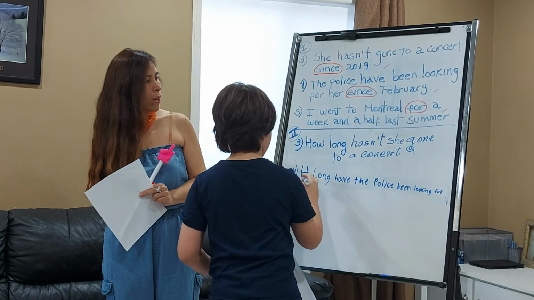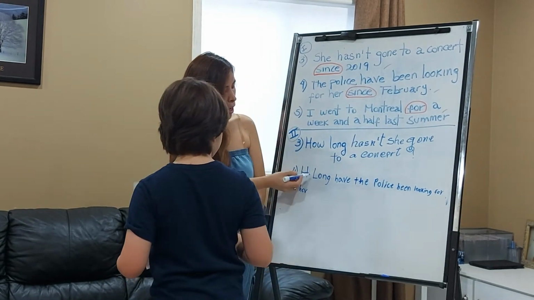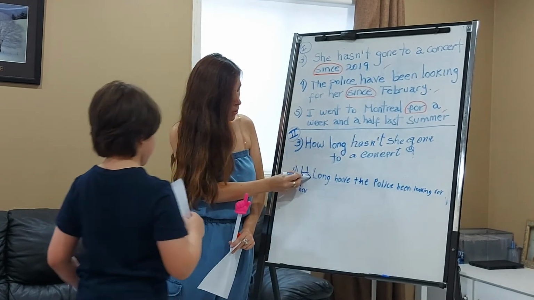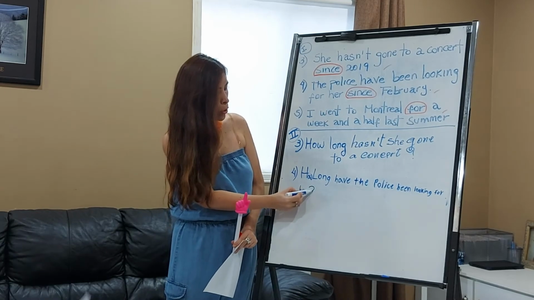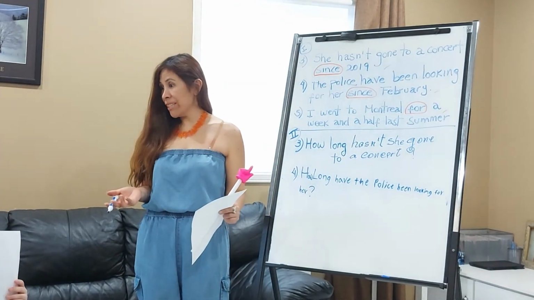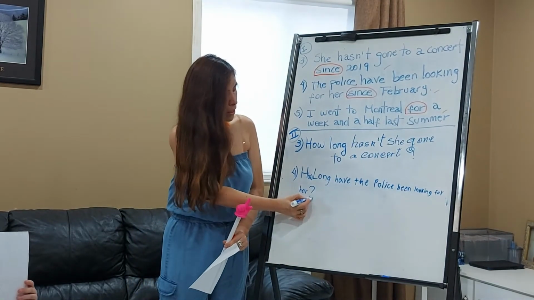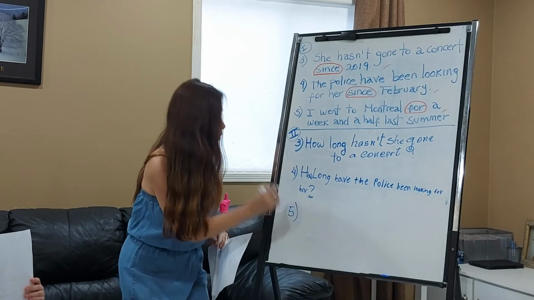Okay, so how long have the police been looking for her? So how long have the police been looking for her, and the question mark. Never forget the question mark. If not, it's not a question, right? So we need to put a question mark. Okay, good. And number 5, Brooklyn?